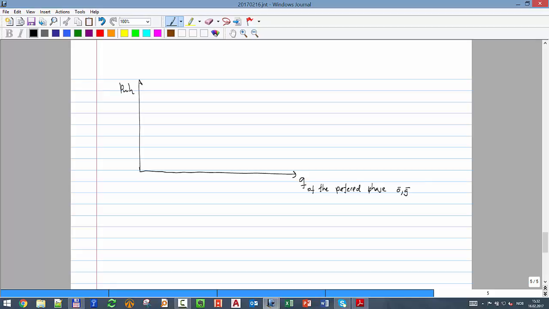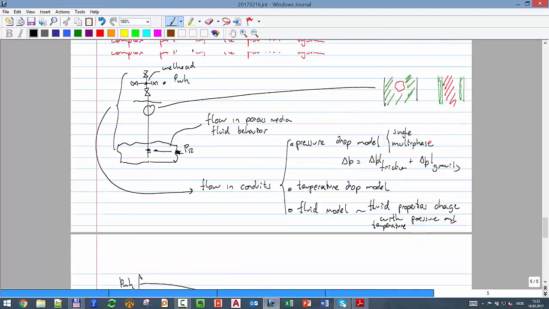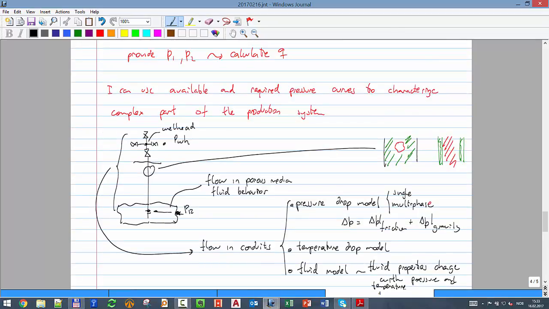So the wellhead pressure is the available pressure curve, so it's going to look something like that: a monotonous, continuous descendant curve when I change the rate. That makes sense. If I want to produce more and more fluid out of the formation, I will have to put a lower and lower pressure at the head of the well, at the wellhead, right? That makes sense.